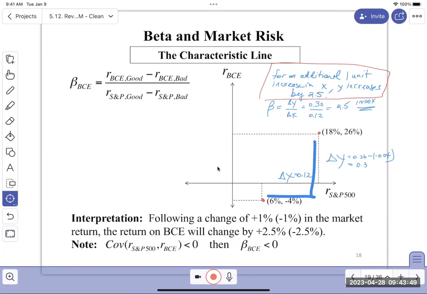So in that sense, we say that BCE returns are sensitive to market returns. So we write it like this. We always put the market returns on the X and the BCE or firm returns on the Y. And we are insinuating that the state of the economy influences the returns to any firm.